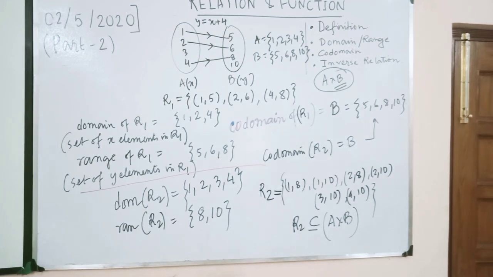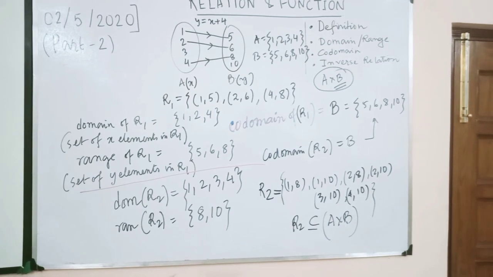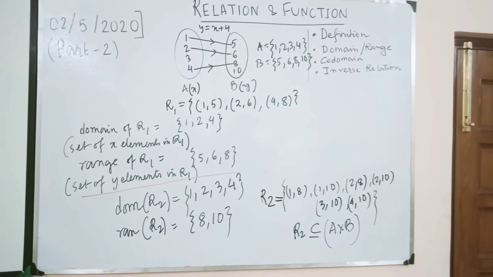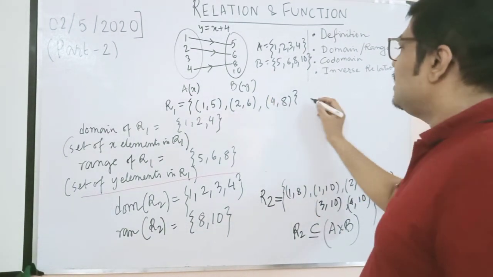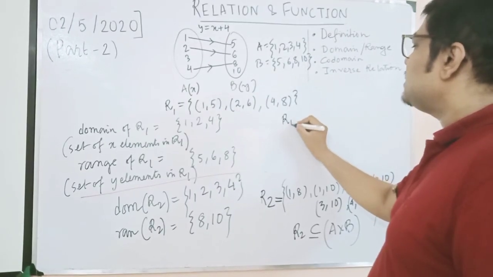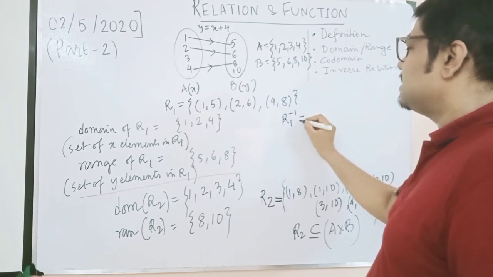Now we will discuss the inverse relation. So inverse relation, I'll clear out a few parts of this and I'll show you the inverse relation. The inverse relation for, say, R1 is written as R1 inverse.